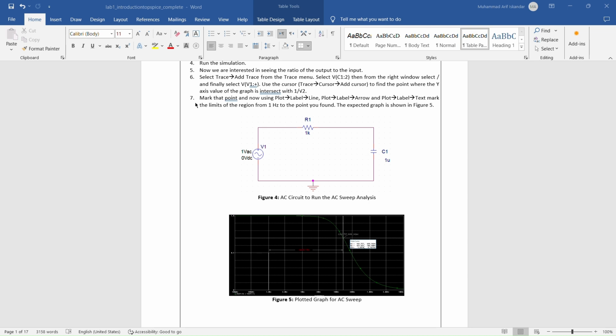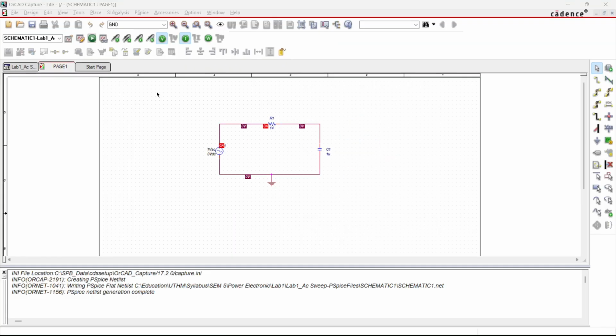I will show the simulation and the simulation result. This is our AC sweep simulation in PSpice. This is the circuit designed for AC sweep.